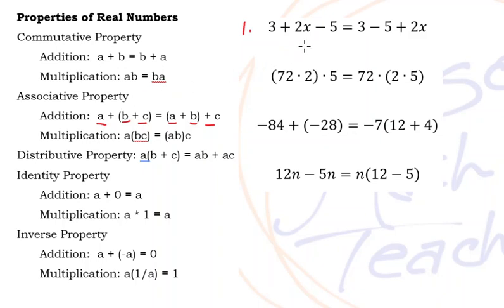What we want to really carefully look at is what has changed from the left side to the right side. And we can see that the 3 on the left and the 3 on the right are in the same position. They have not changed. And what's changed is this bit right here. That 2x minus 5 has become negative 5 plus 2x.